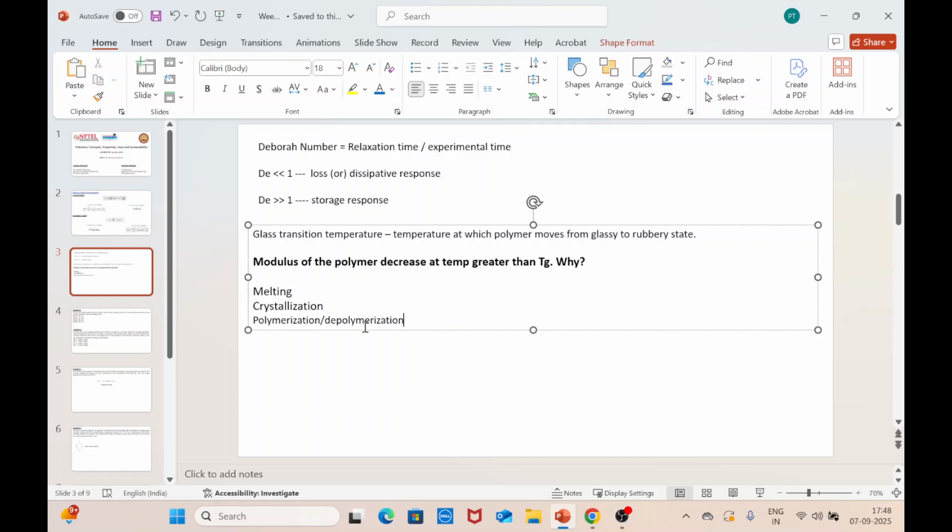So that is going to be an endothermic process. And in crystallization, the energy is going to be released.